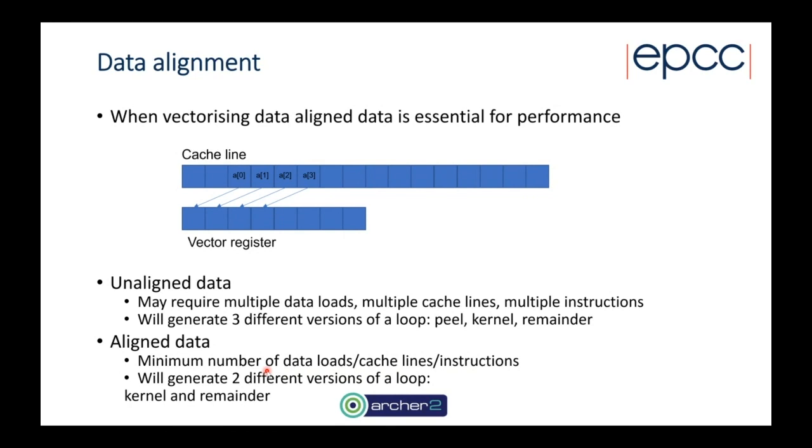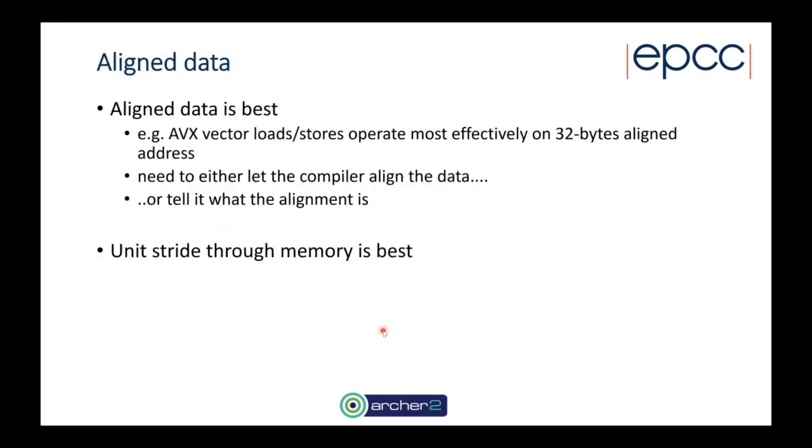So we'll need the minimum number of loads of data from memory, because we're just loading up full chunks of cache lines because your data is aligned on them. We've got the minimum number of vector loads and stores because we're just loading up full vectors. And we don't have to deal with this peel loop at the beginning and all the overheads associated with that.